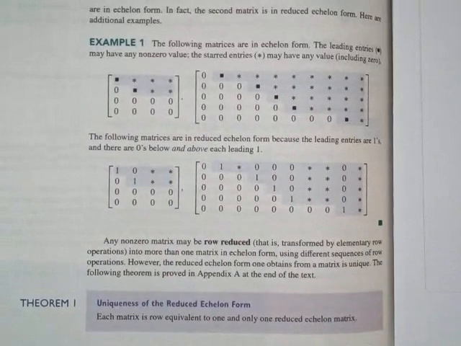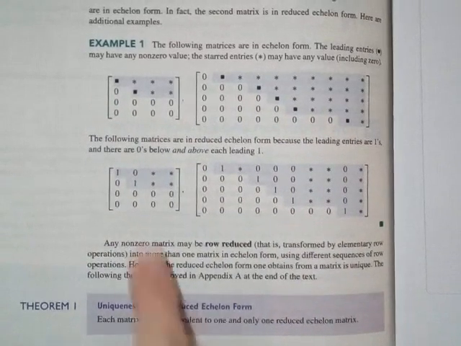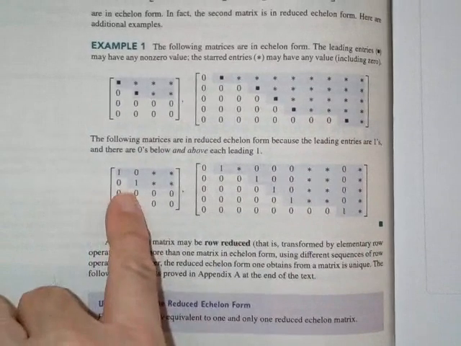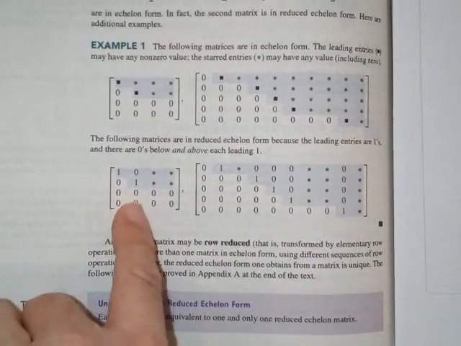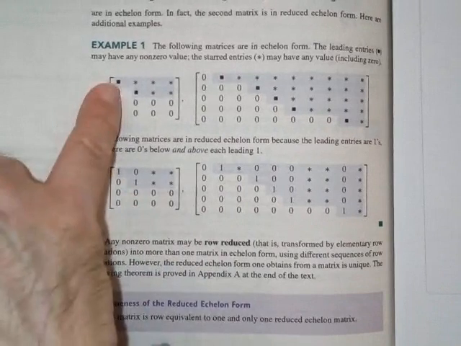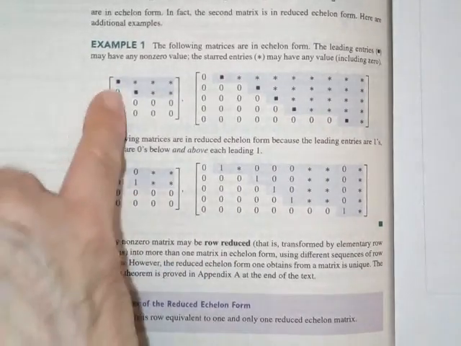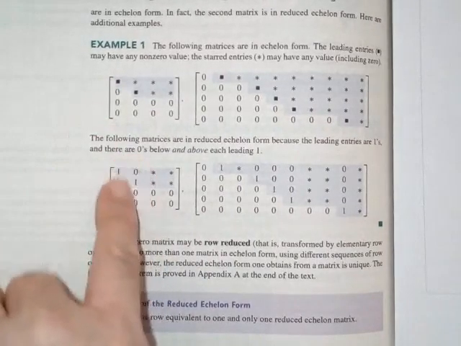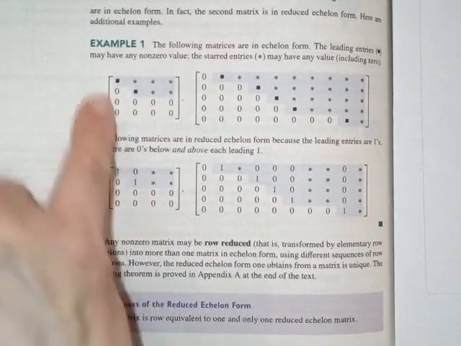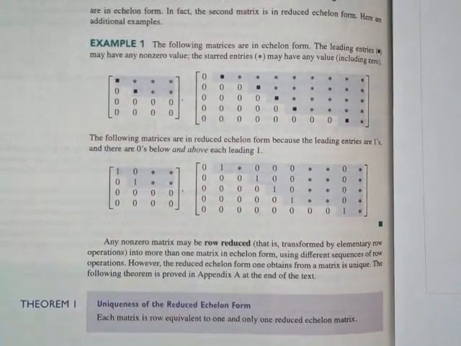I don't know what the box numbers are. I just know they're not 0. Here, that's reduced. It's the same basic setup, but notice what changed are these first 3 numbers. I have to make those leading entries 1. We know how to do that. Multiply a row by a number.